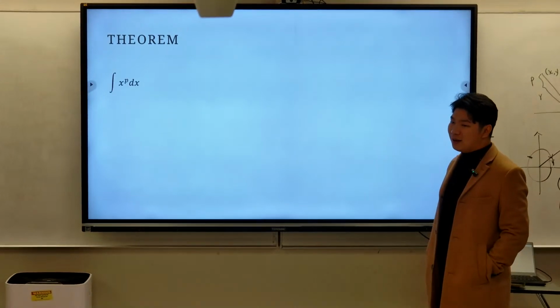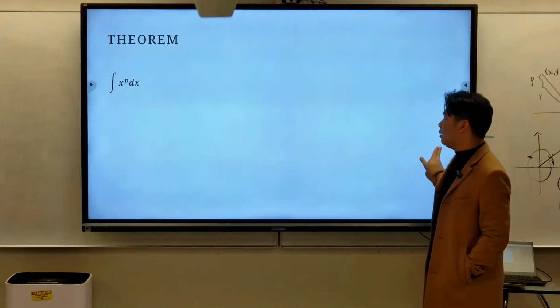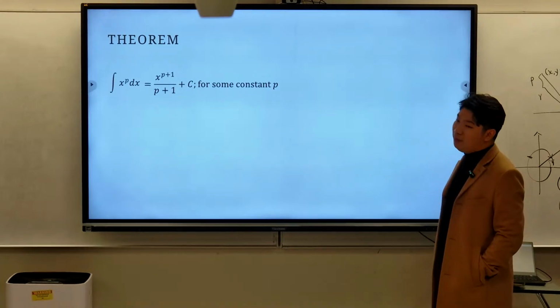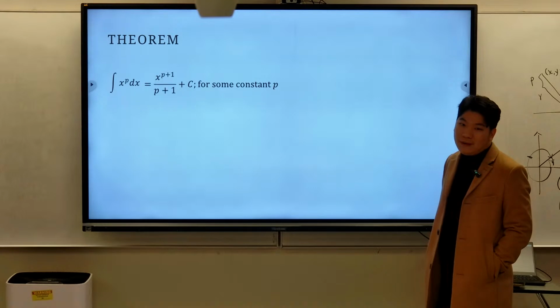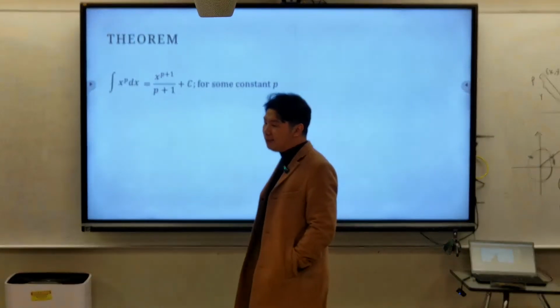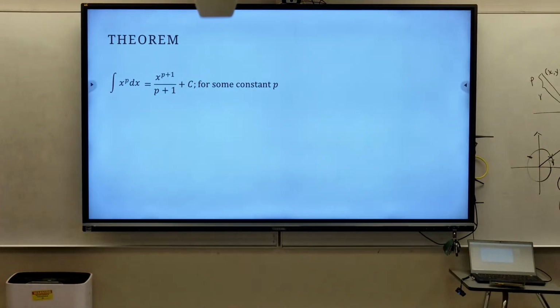If I take the integral of x to a power p, then this is equal to adding 1 to the power and dividing by the new power, for some constant number p. But there is one p-value that doesn't work here: -1. Why would -1 not work out? Yeah, because -1 plus 1 gives 0, and then I would be dividing by 0.